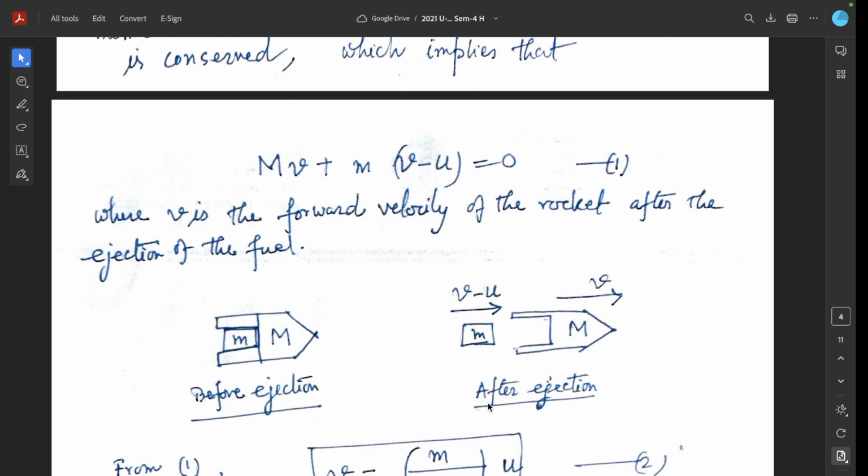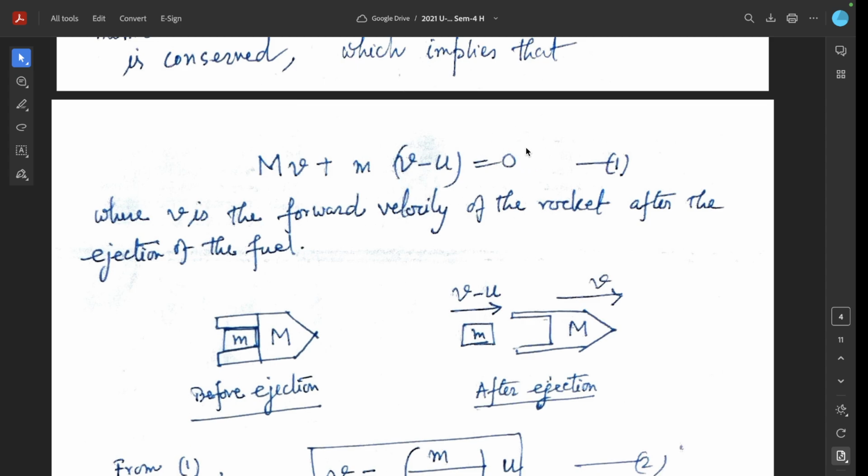After ejection, the fuel has relative velocity v minus u, and the body of the rocket has mass capital M with forward velocity capital V. So this is the linear momentum of this part plus this part after ejection, and initially both are at rest, so this is equal to 0.